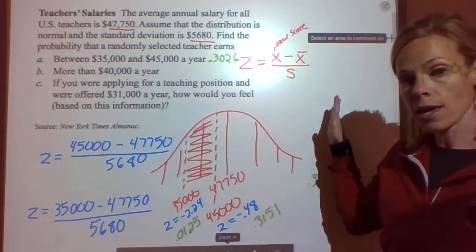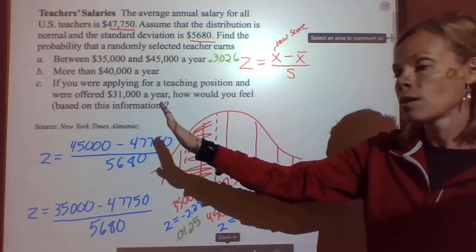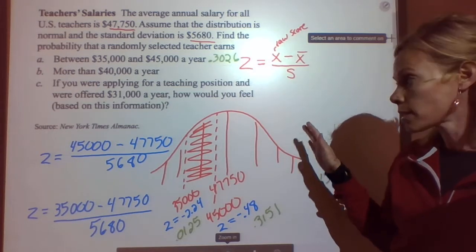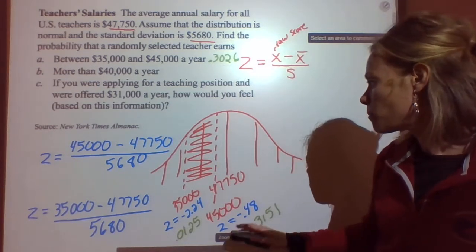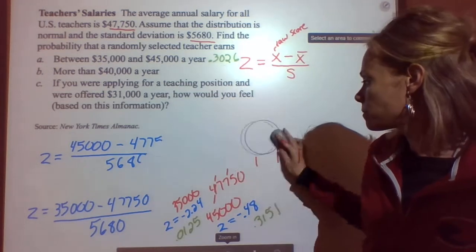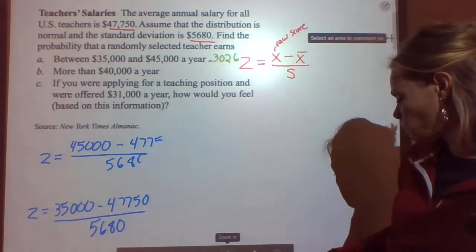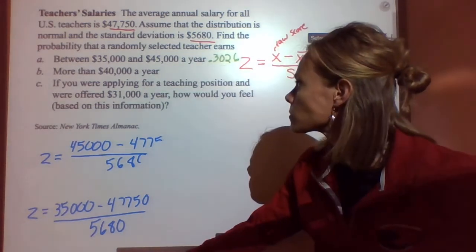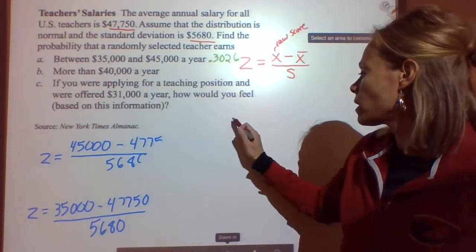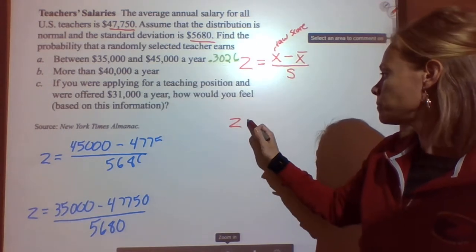Now, more than 40,000. More than means what? More than means area to the right. So if I want more than 40,000, I need to find the z-score for that.